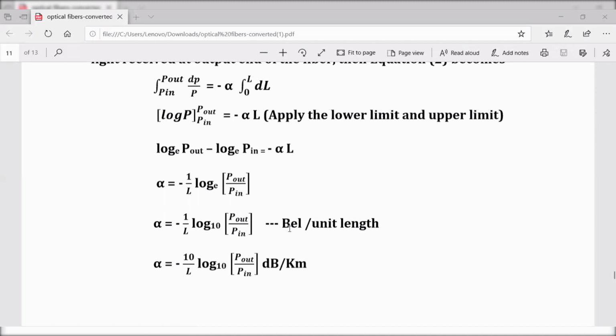That's why let us replace 1 with 10. Alpha is equal to minus 10 by L log base 10 P out by P in, and the unit becomes decibel per kilometer. So this is the expression for the attenuation coefficient alpha expressed in the unit decibel per kilometer.